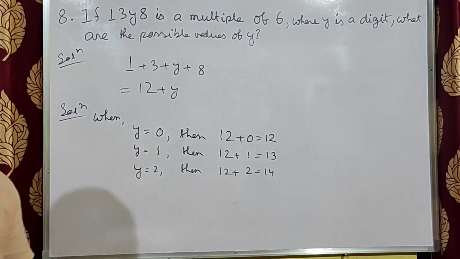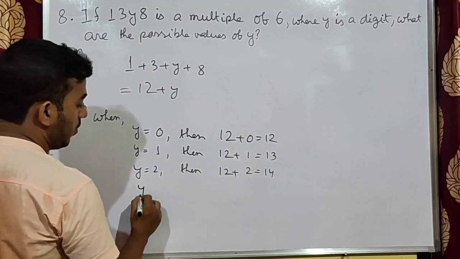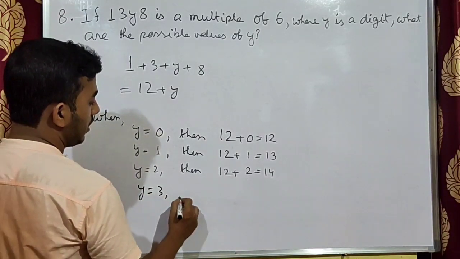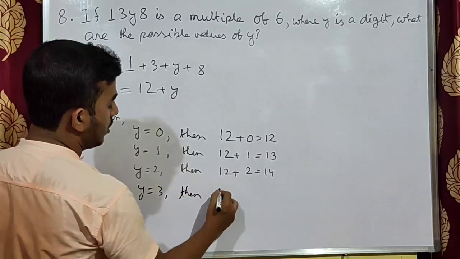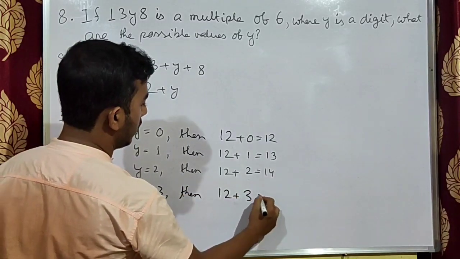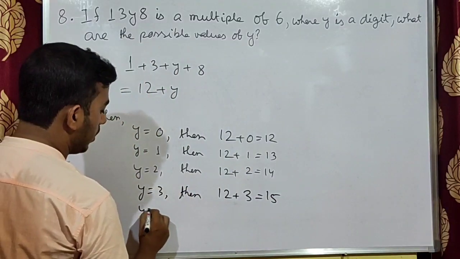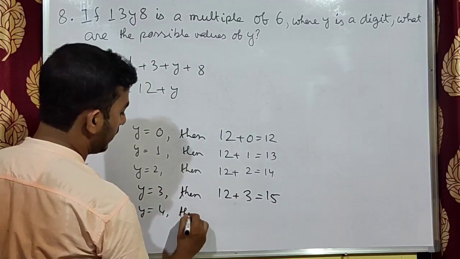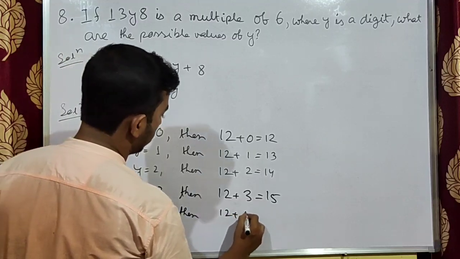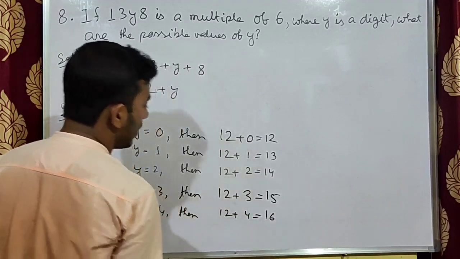Y equals 3, then 12 plus 3 is 15. Y equals 4, then 12 plus 4 equals 16.